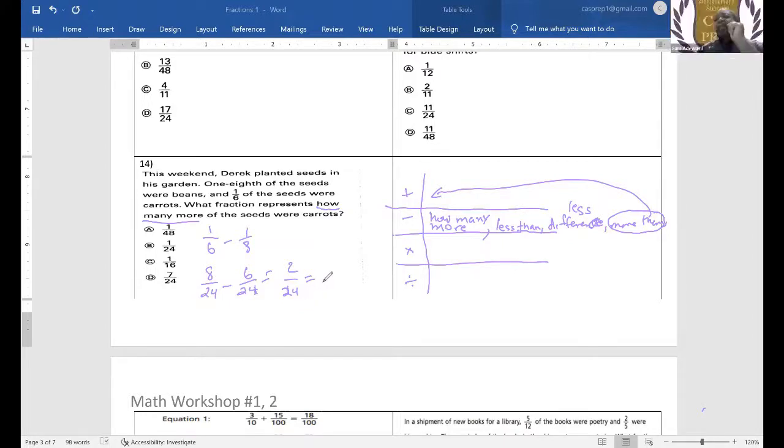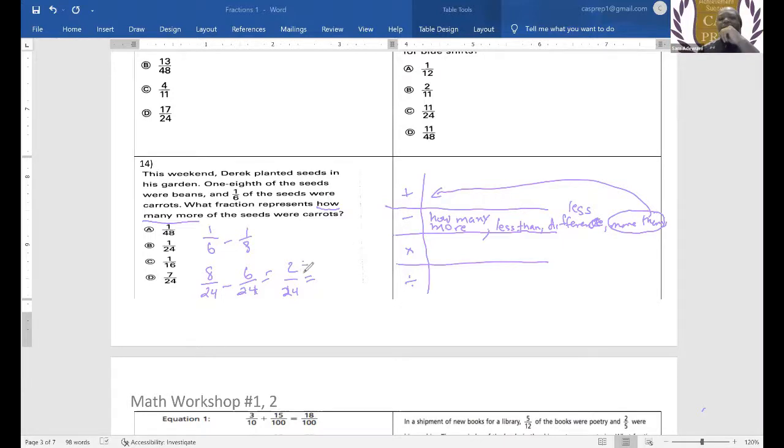So we're looking for a number, not that multiplies to get 14, but divides into 2 and divides into 24. 14 doesn't divide into 24 evenly, and 14 definitely doesn't divide into 2. So we're looking for numbers that divide evenly into those numbers. A number that would divide evenly into the numbers would be 2.